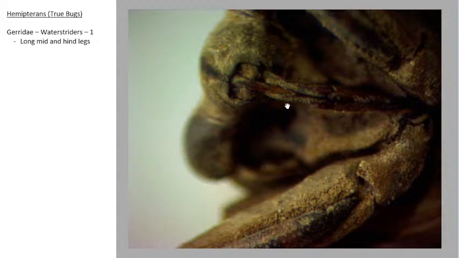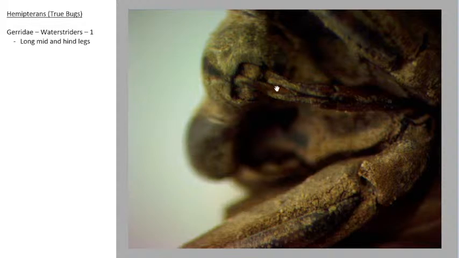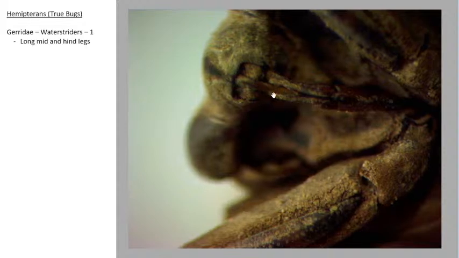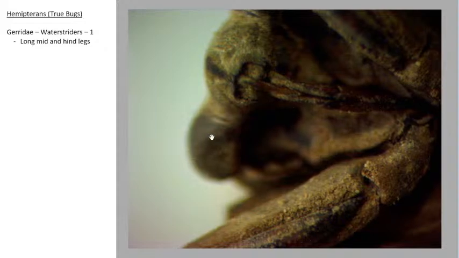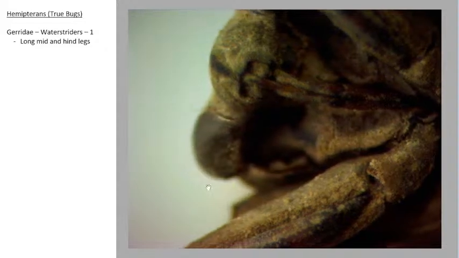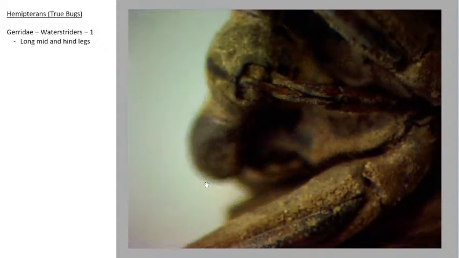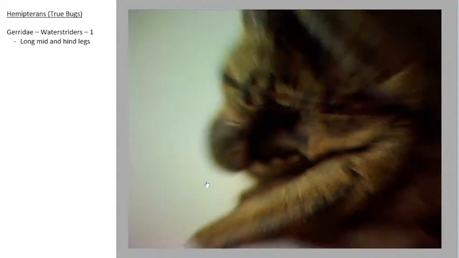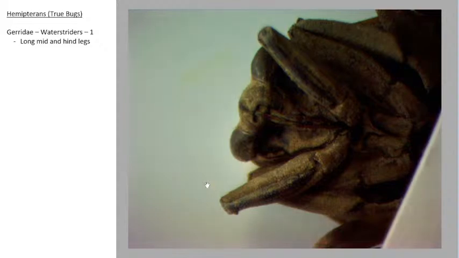He'll eat other insects. Whatever he can grab. All right, and he is venomous, meaning that he does have venom that he injects using this mouthpart. So definitely not an insect that you want to grab and pick up or step on. Definitely don't want to step on these guys in lakes and rivers.